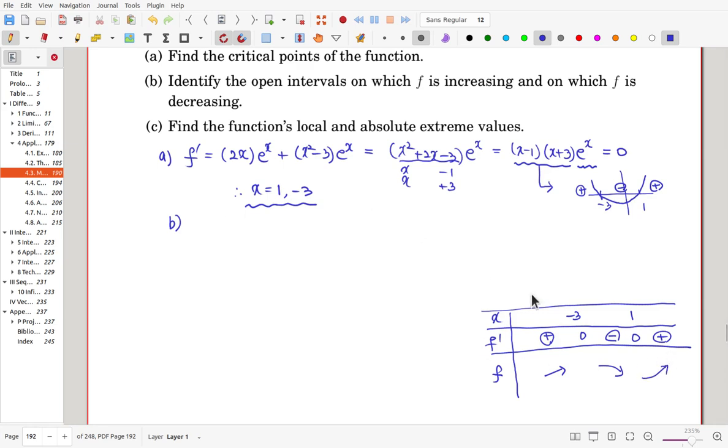You can make such a table in this way. So find the function's local and absolute extreme values.